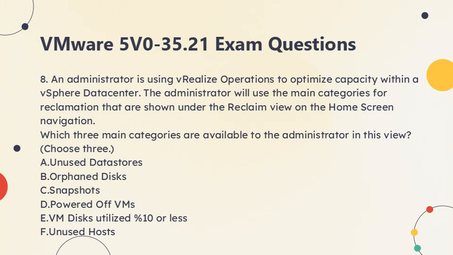Choose 3. A. Unused data stores. B. Orphaned disks. C. Snapshots. D. Powered off VMs. E. VM disks utilized 10% or less. F. Unused hosts.